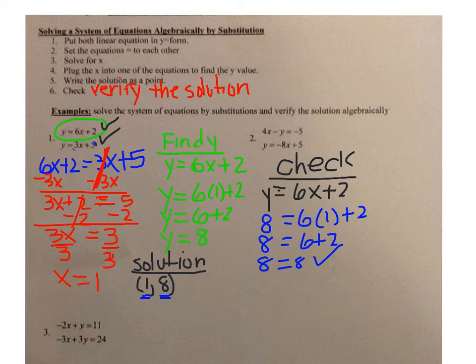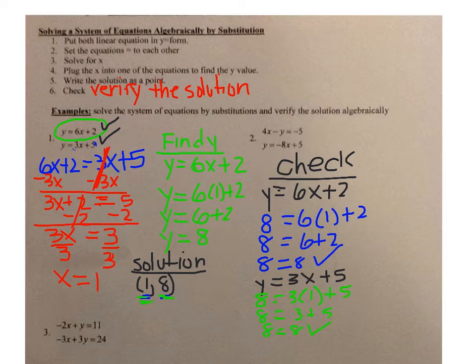Check. All right, now write down the other equation. Y equals 3x plus 5. Plug in y. Remember, y is 8. Equals 3 times x is 1 plus 5. 8 equals 3 plus 5. 3 plus 5 is 8. 8 equals 8. And that checks.